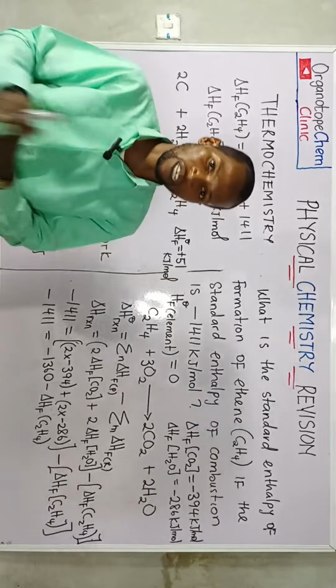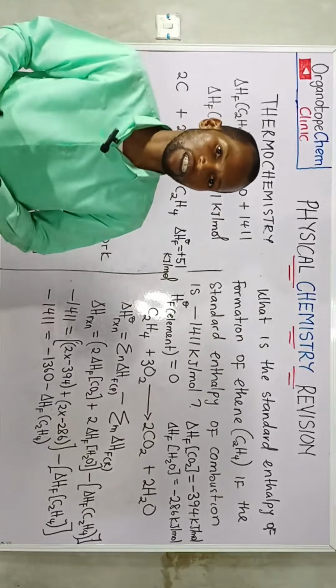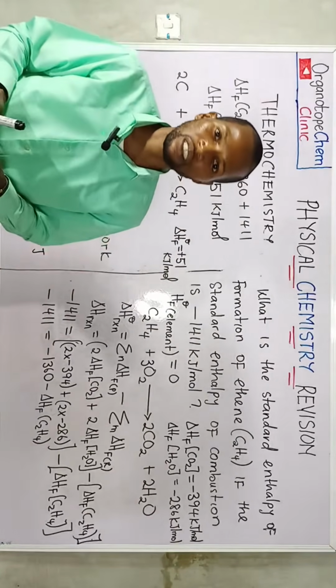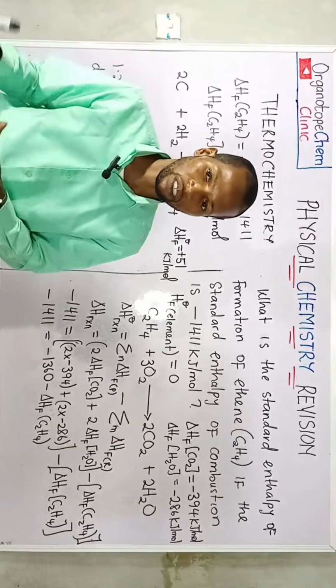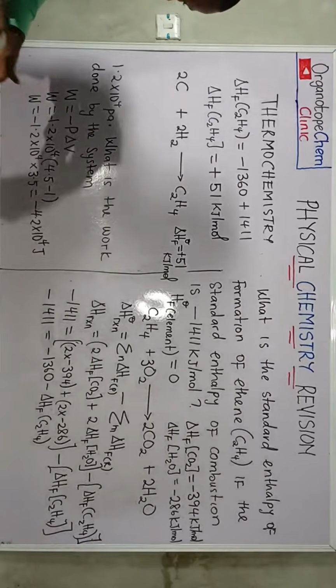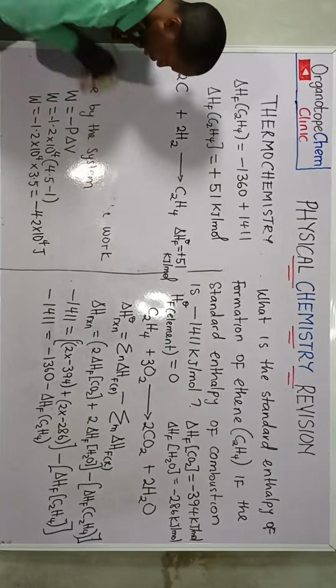I repeat that. A spontaneous change occurs in the direction where there is an increase in the total entropy of the system. Now, let us consider the spontaneity of reaction.